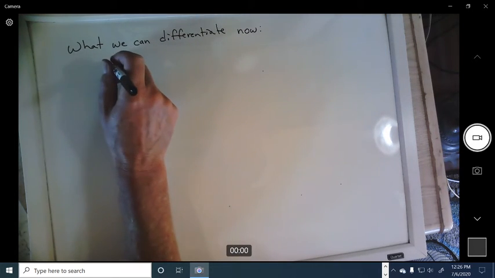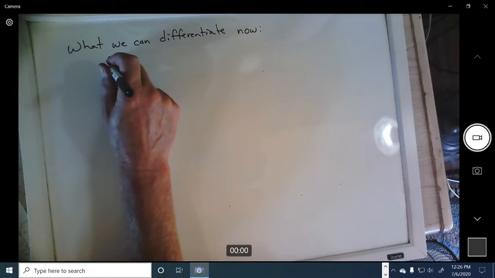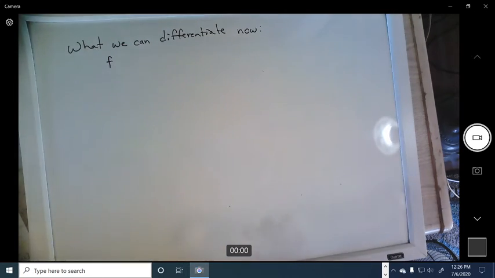We can differentiate any function f as long as the function is kind of like a polynomial, like x to a power, or if it's an exponential function, or if it's a trig function.